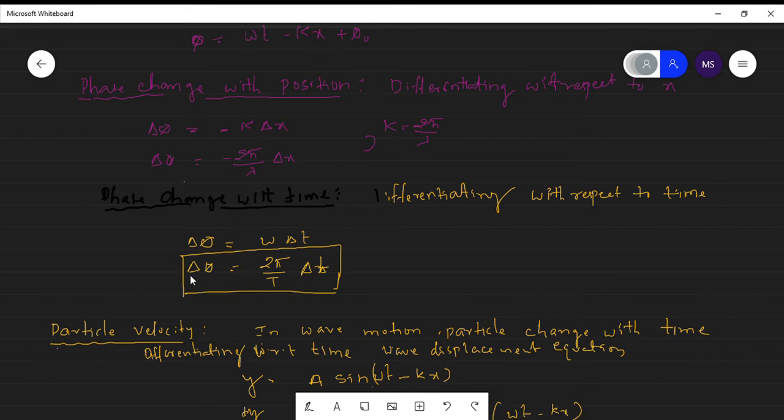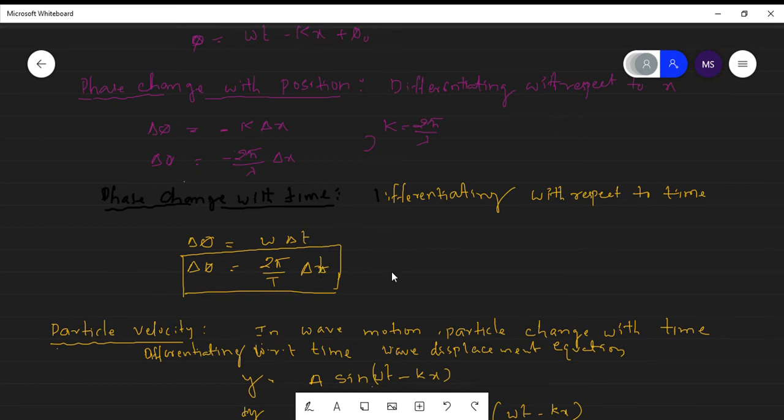Therefore delta phi is equal to omega into delta t. Here omega is equal to 2 pi by T, so the time is converted into phase angle. This equation is very useful to convert time into phase angle: delta phi is equal to 2 pi by T into delta t.